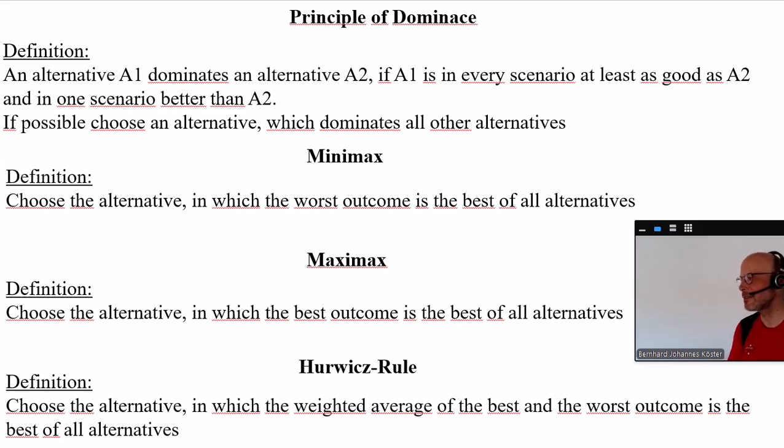And then we are back in statistics. This is nothing else than calculating a weighted average of the worst outcome and the largest outcome. And again, I use the maximum principle, so I choose from these weighted averages the maximum. And this is, I think, Mr. Leonid Hurwitz, who also got a Nobel Prize. This rule is named after him, and he has done very much about decision theory in general.